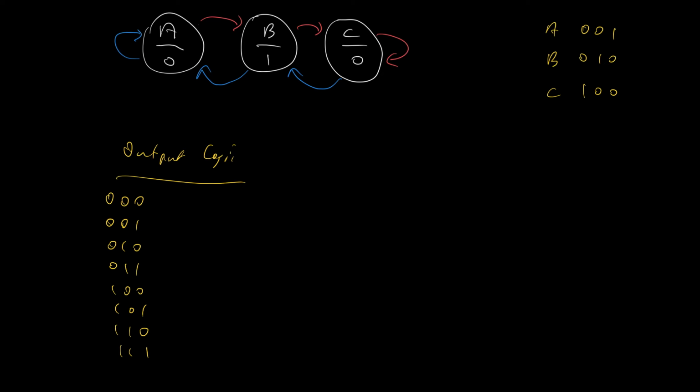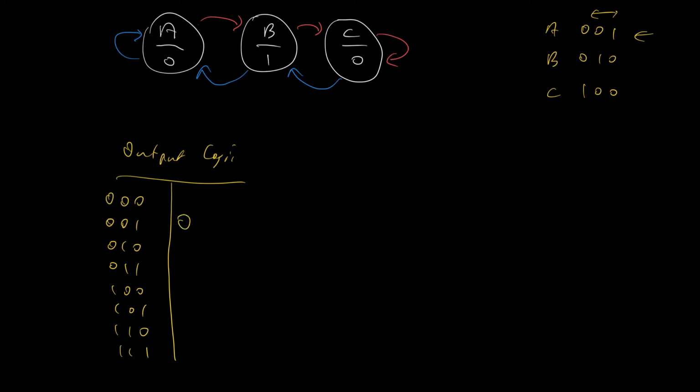And why 3 bits? Well, because our state representation uses 3 bits, our output logic is going to depend on the 3 bits representing our state. So we simply go through. If I'm in state A, which is 0, 0, 1, the output's a 0.